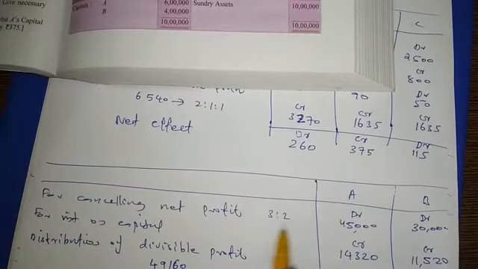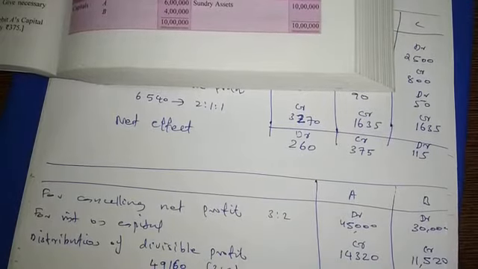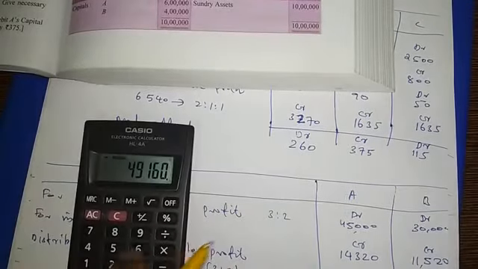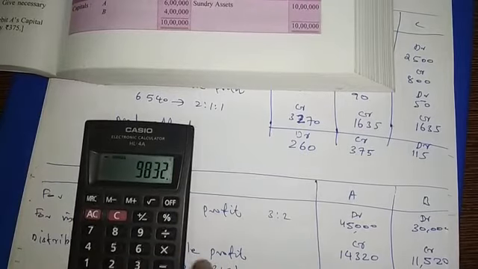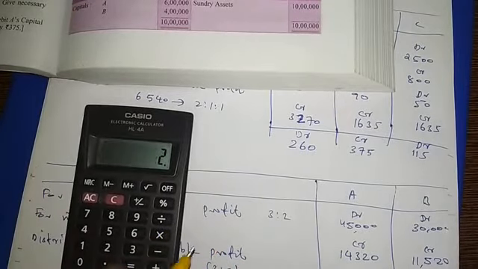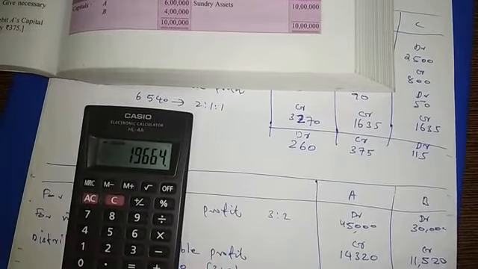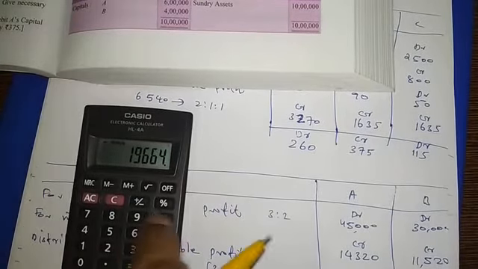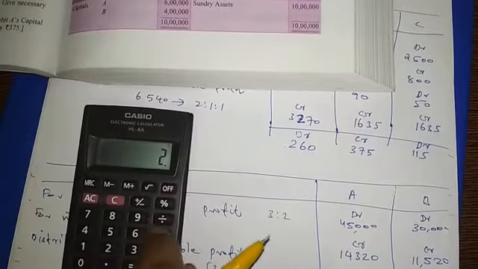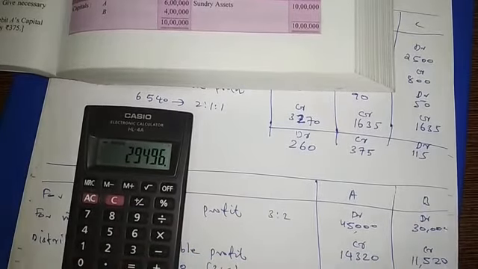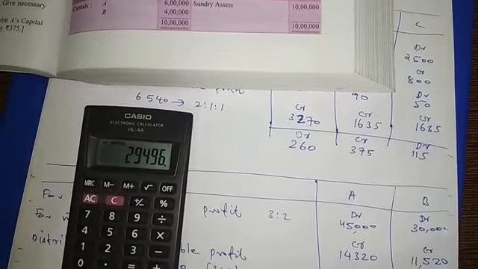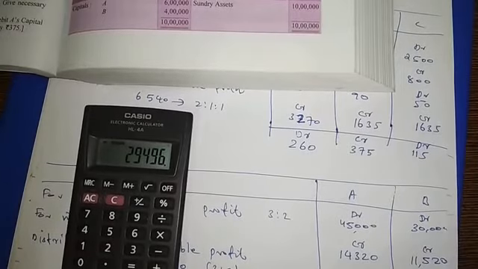This we divide in the ratio 3:2, divided by 5, into 2, giving 19,664 and 29,496. This we are crediting.